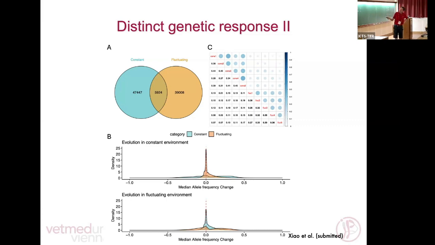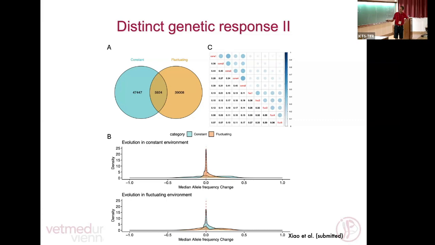And if you look at the SNPs individually, there are SNPs that are selected in the constant environment. You can see they have quite big frequency changes here. If you look at the same SNPs in the other environment, you see that they're basically not changing. And the other way around, these are SNPs selected in the fluctuating environment.